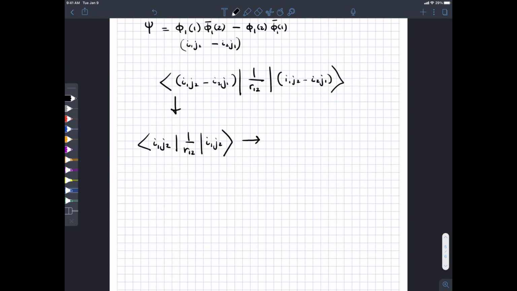And this is repulsion between electrons 1 and 2, which is easy and makes sense. And we're going to get another term out of that that's basically a similar quantity, I2 times J1.